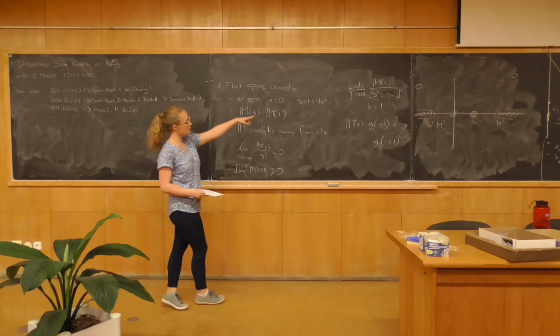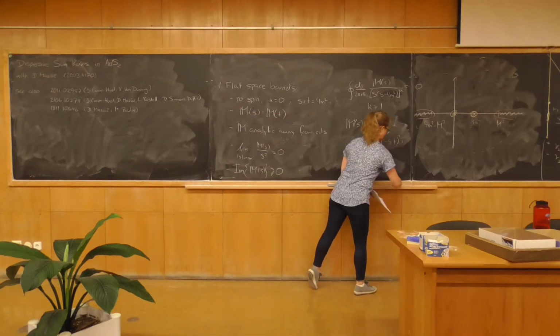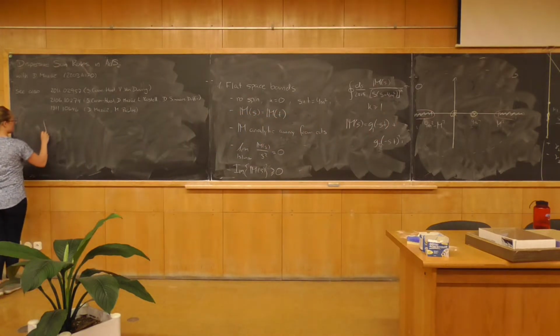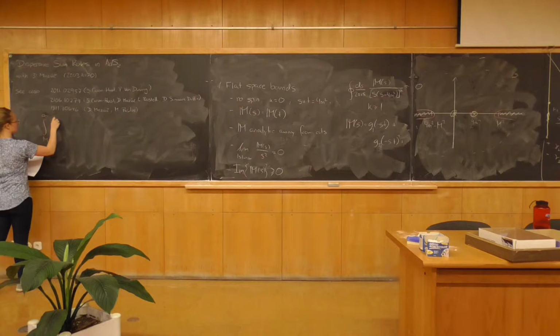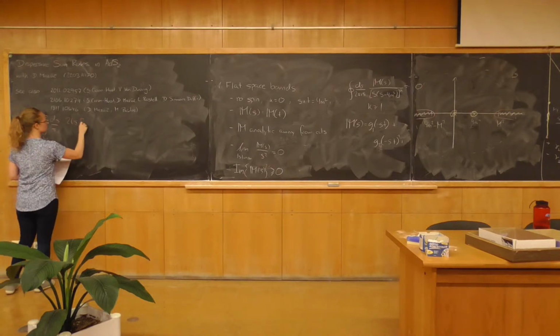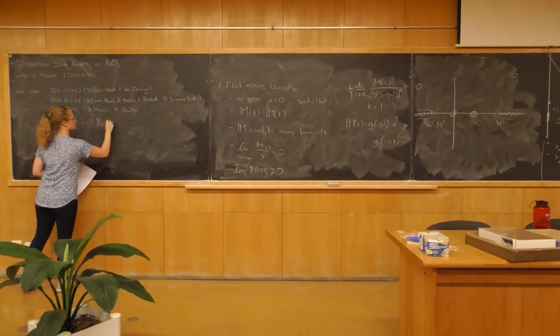So if we write our integral here into two parts, then the high energy part becomes an integral to infinity over the imaginary part of the amplitude.